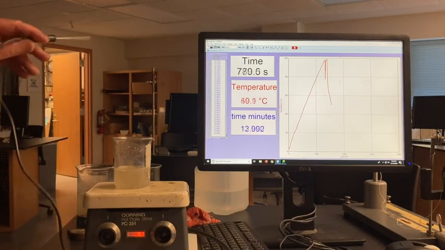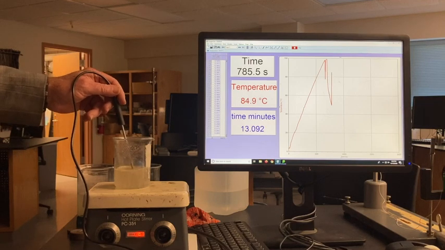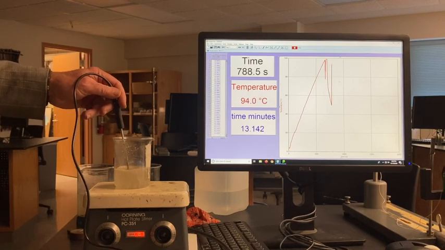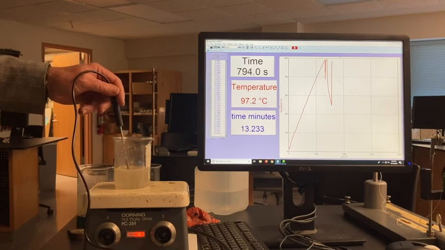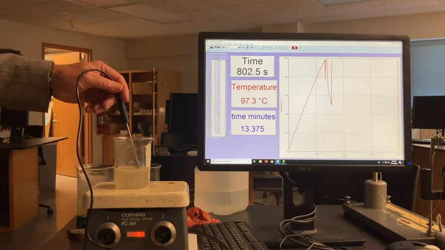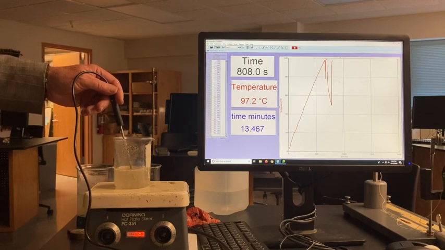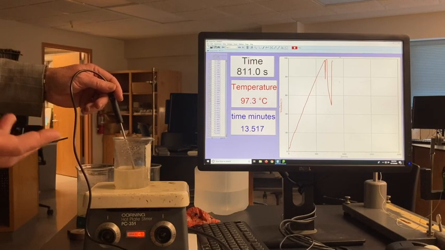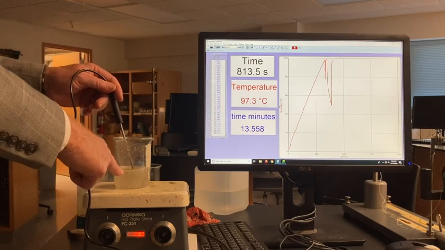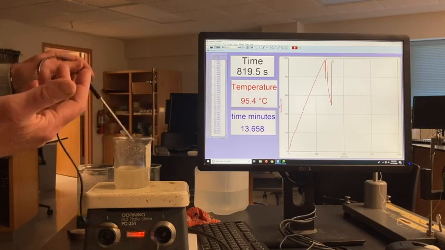And one thing I should point out as we boil this, the temperature is not rising. It's because the heat now is going into vaporizing. It's not changing the temperature of the boiling water, but energy is going into vaporizing that water.